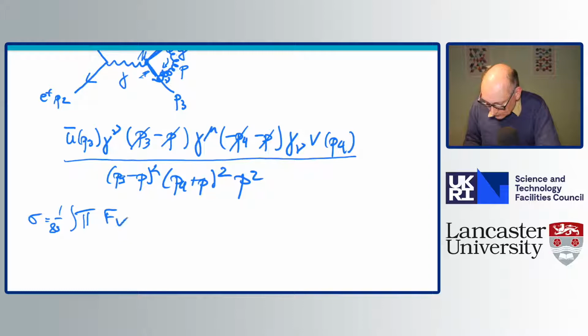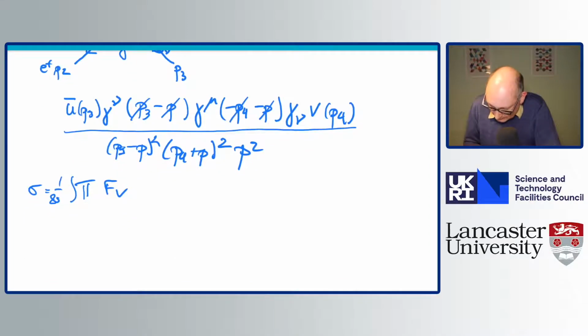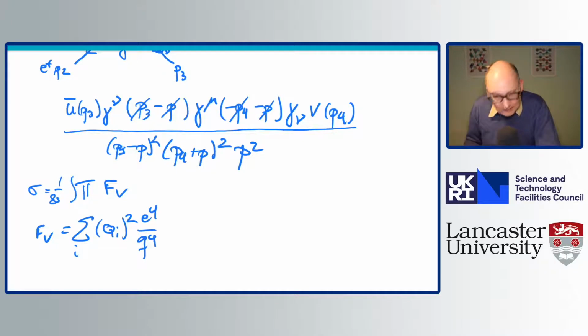of something that's called fv, where the fv, the vertex correction here, is equal to the sum of charges like we have at Born level squared, and then there will be a trace.